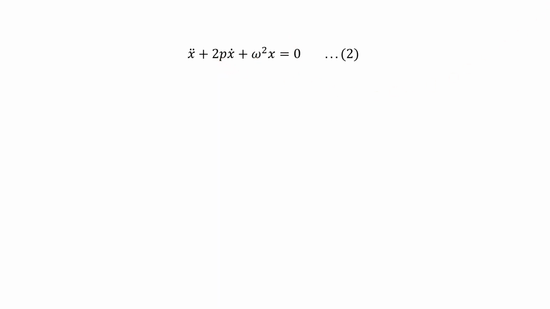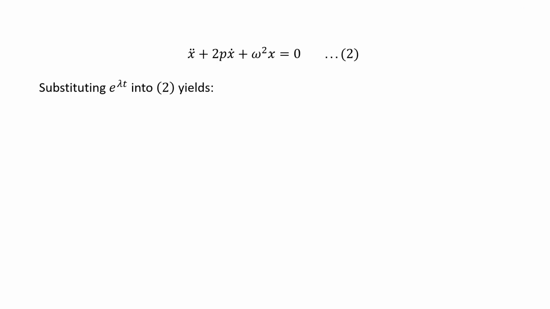And if you look up a differential equation textbook, it will tell you that in that case, a technique or recipe you can use is to substitute e to the lambda t into it. You're then going to get a polynomial in terms of lambda, which by the fundamental theorem of algebra, you will always be able to find two solutions in this case, or n solutions if it's an nth order differential equation.